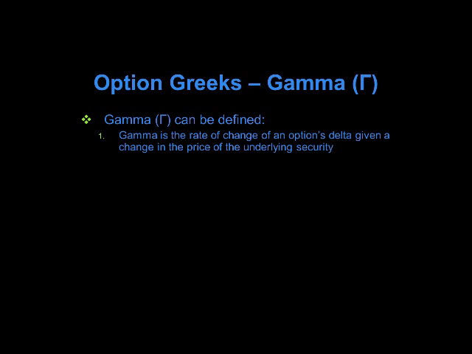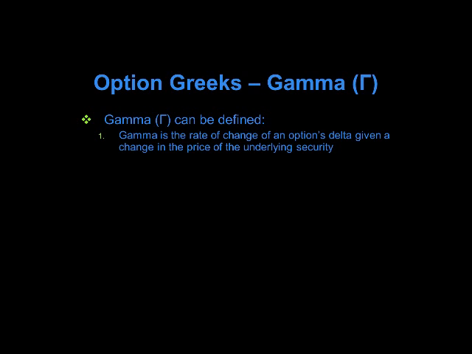But whether you're using credit spreads or all sorts of different types of strategies, you've got to understand the Greeks. Gamma. Gamma's tied in to delta. We're not going to spend a lot of time on it, but basically, it's the rate of change of delta. Delta kind of measures the speed of the option. How fast are you going?